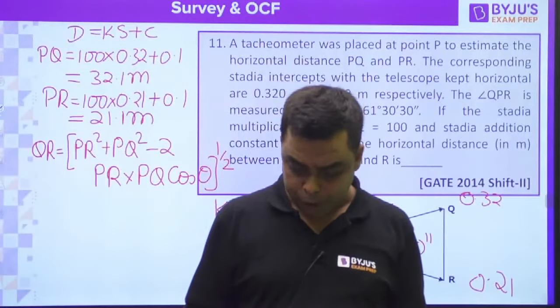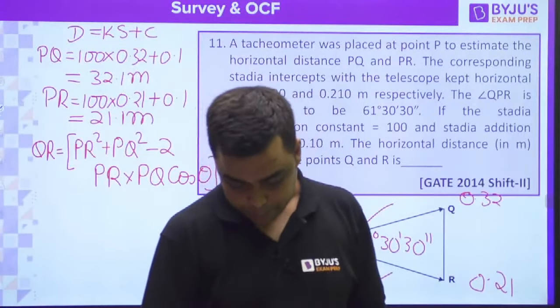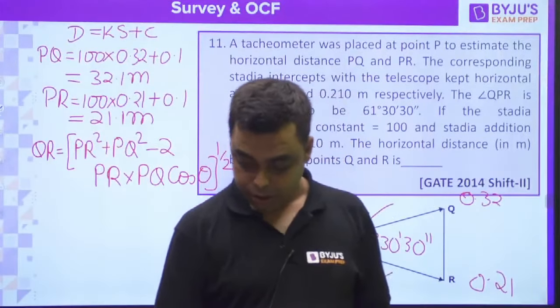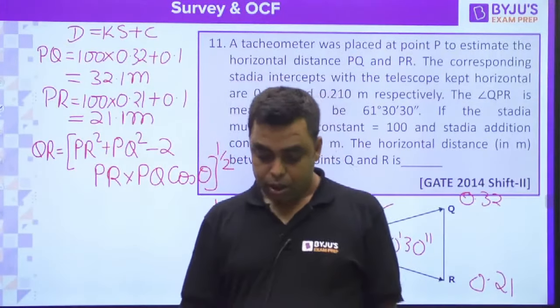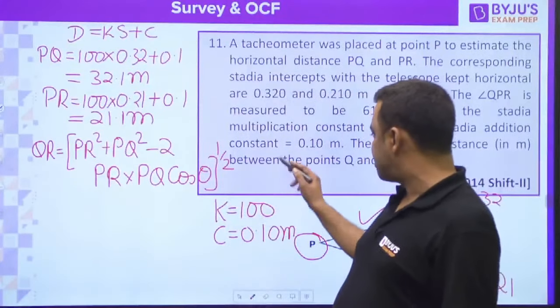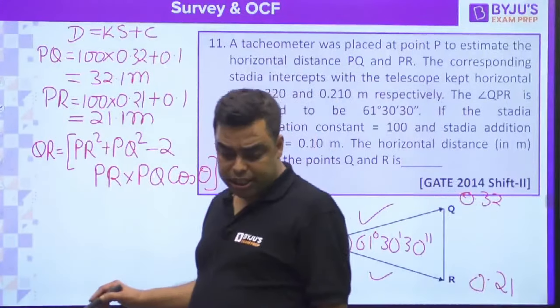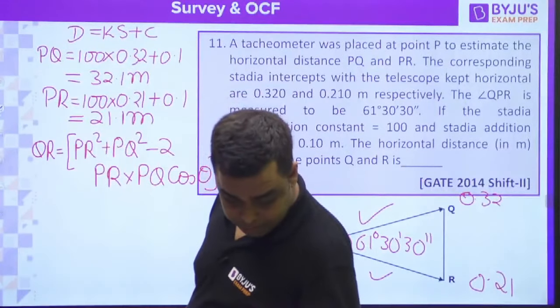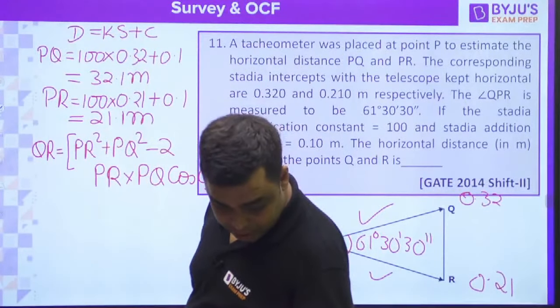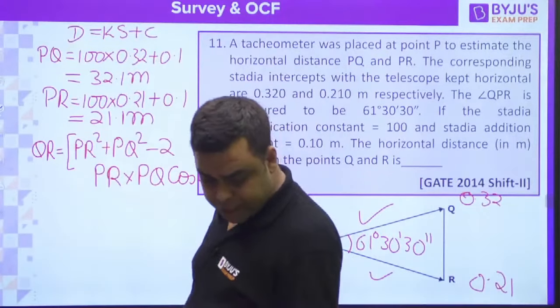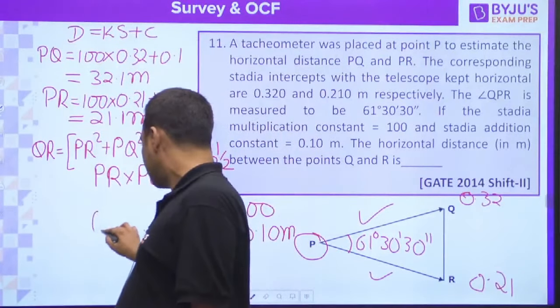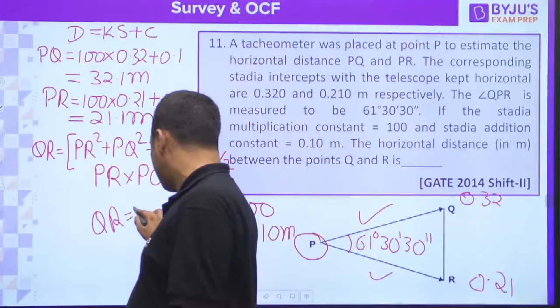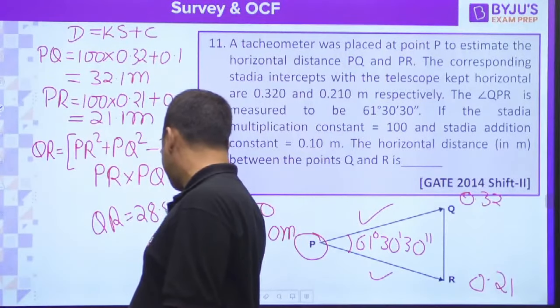If I solve this, what will be the answer? I have already solved it: 28.8. Yes, Pratham SG. So QR will be equal to 28.8 meter.